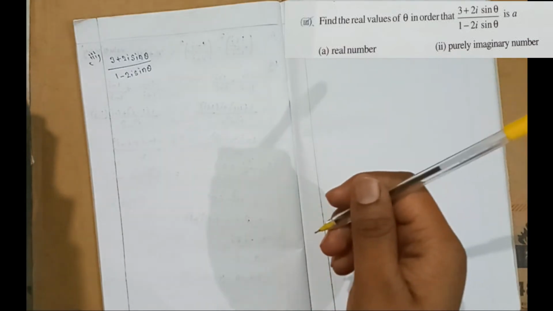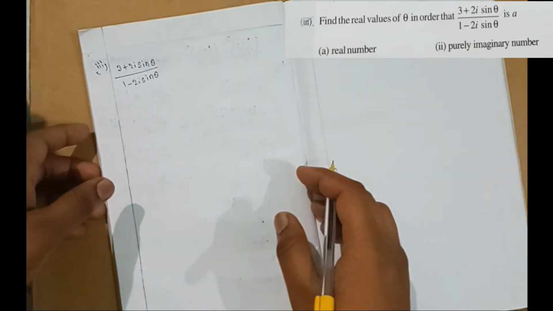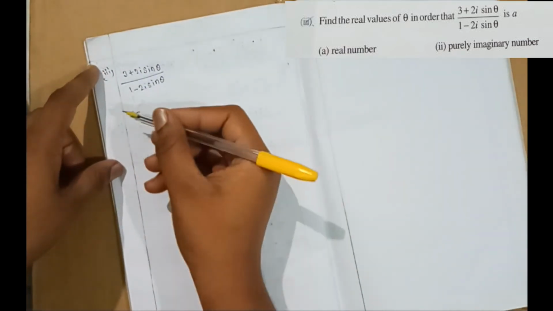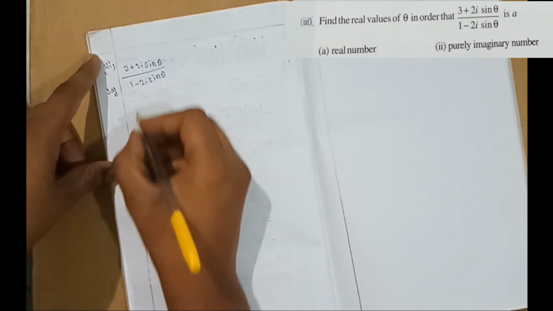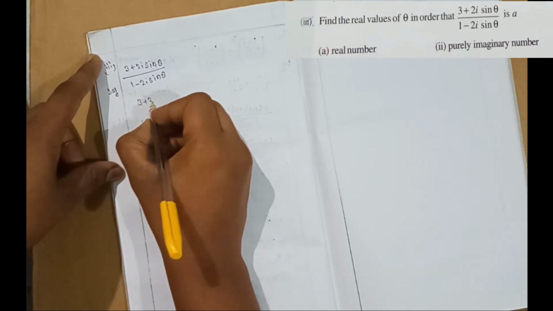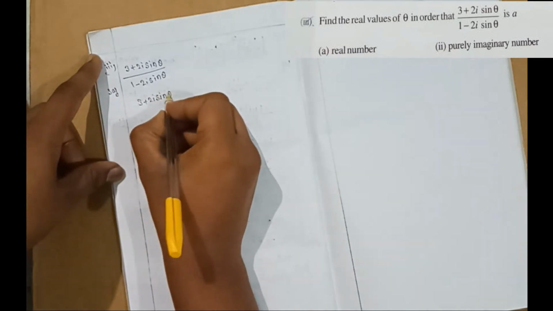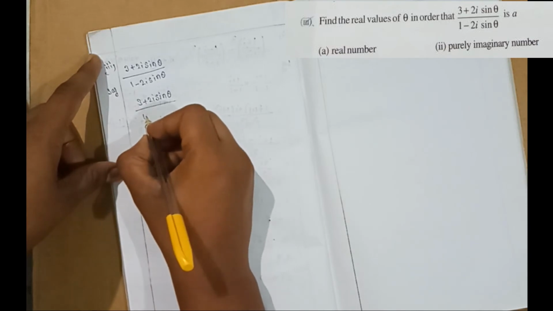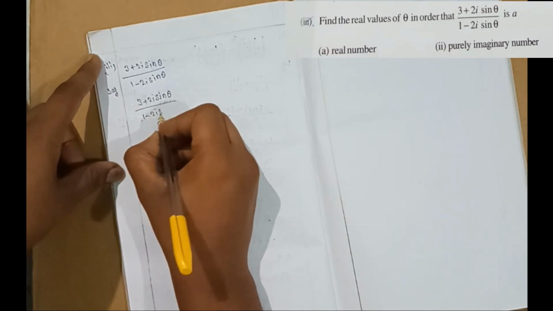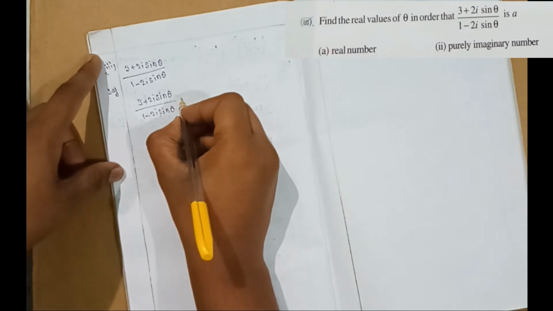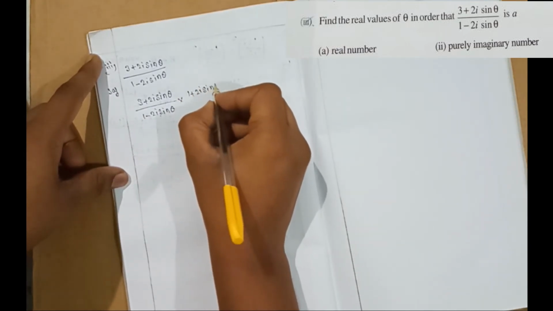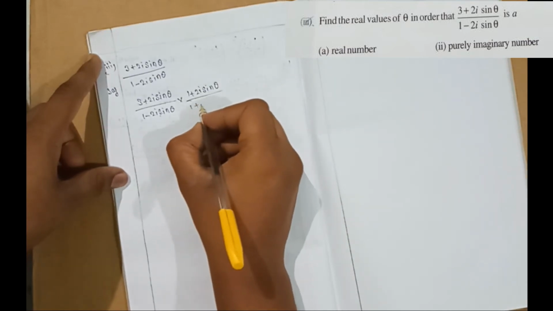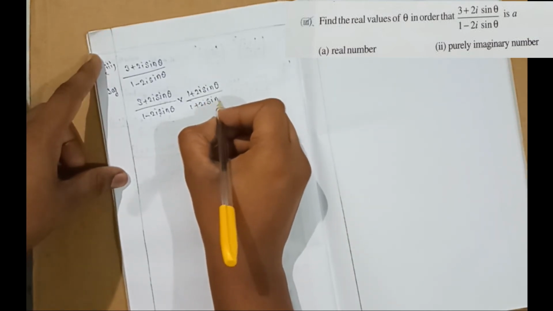Before getting into the a and b parts, we have to rationalize the denominator so that we can find some equation and move on into the question. So 3 plus 2i sin theta by 1 minus 2i sin theta into 1 plus 2i sin theta by 1 plus 2i sin theta.